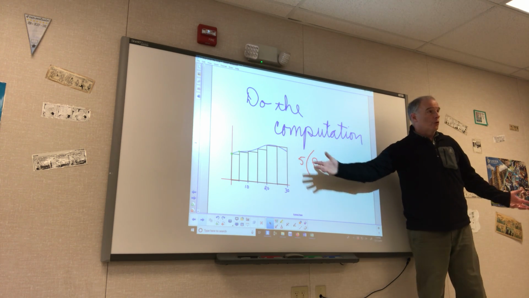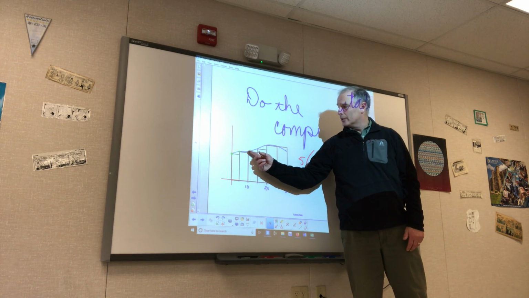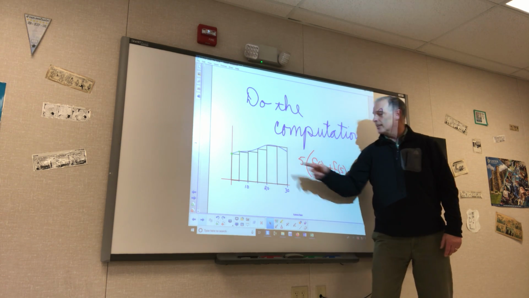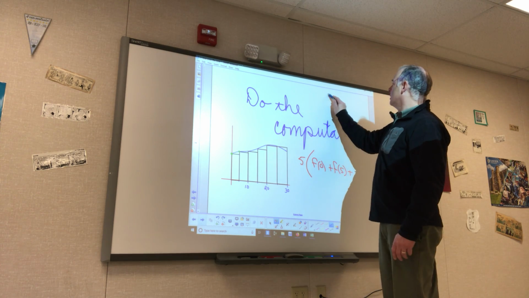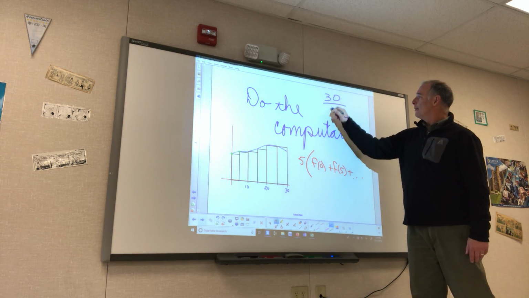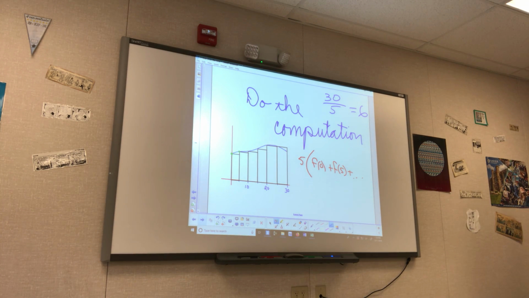So, do the computation. They've given us all of these function values at every single one of these points. Notice, 1, 2, 3, 4, 5, 6. So I'm doing 30 seconds. That's the width of the interval. Delta x is 5, and sure enough, there are 6 subdivisions. Remember that little equation?